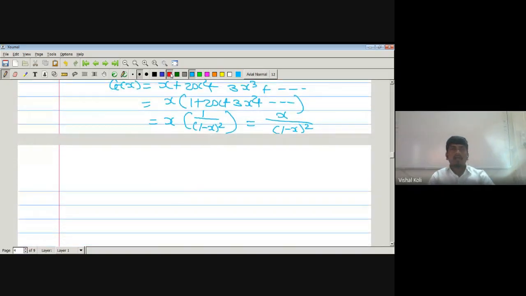Now see one example in which we have to find the generating function.